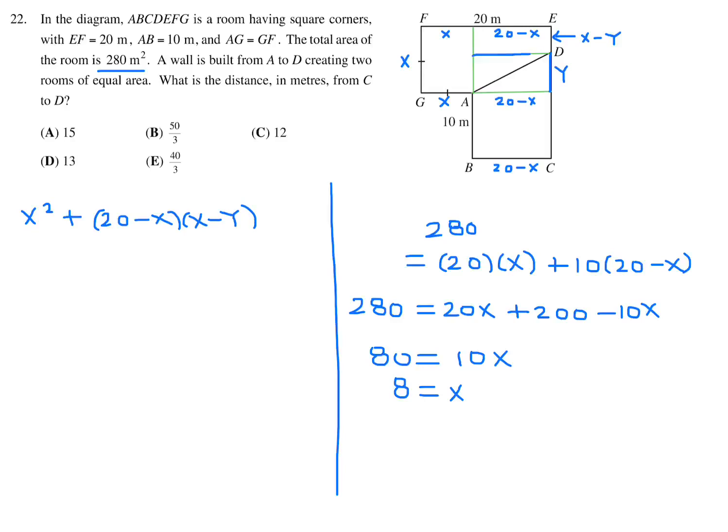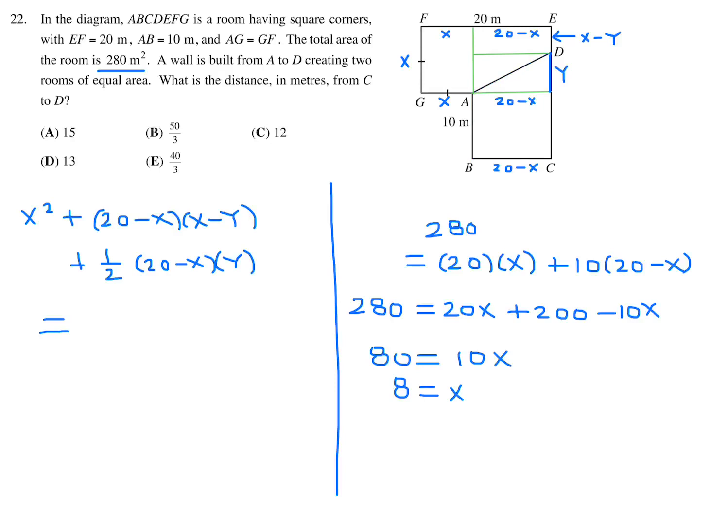And then I have to add this triangle here, and that is 1/2 base times height. The base is 20 minus x, and the height is y. Okay, no mistakes, hopefully. And that is equal to the area of the other shape that's been created by the division with AD.